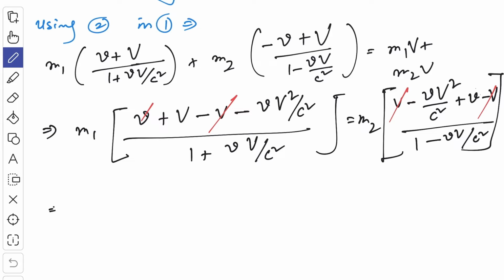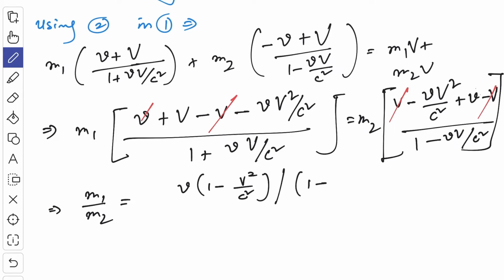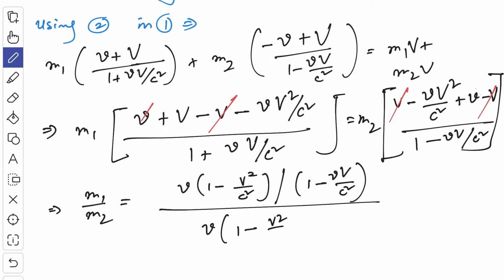So then what we will get after simplification, here we will get that m1 by m2. If you find m1 by m2, then as a numerator you will get small v into 1 minus capital V square by c square divided by 1 minus small v capital V by c square, whole thing divided by small v 1 minus capital V square by c square by 1 plus small v capital V by c square.